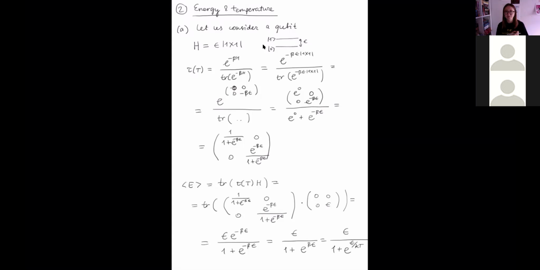One can look at different borderline cases to see if our derivation is correct, just as a sanity check. For example, if the difference between two levels in the qubit is much smaller than the temperature, which means epsilon is much smaller than kT, then this term tends to 0 in that limit, and the average energy would be just epsilon, because the denominator would be 1.